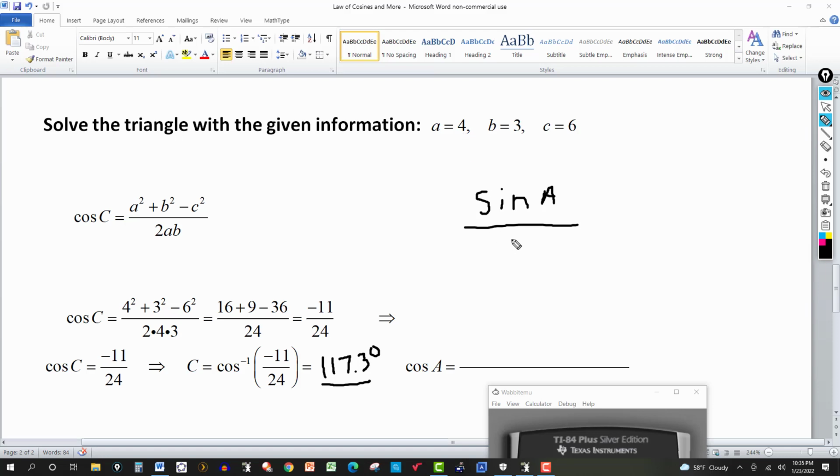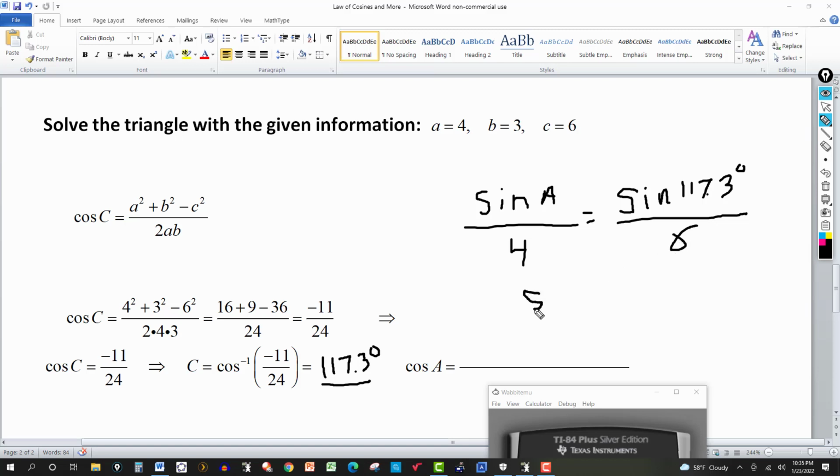So the opposite side is 4 units. And then you have to set this equal to the sine of a known angle. We weren't given any angles, but we found one here. So I could just say this is the sine of 117.3 degrees, and the opposite side is 6 units.